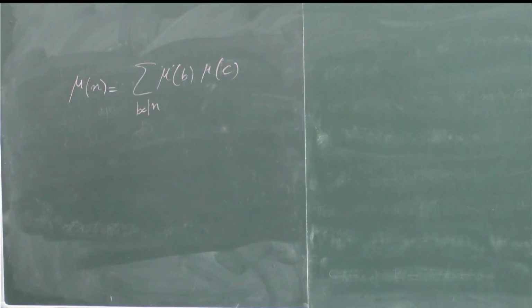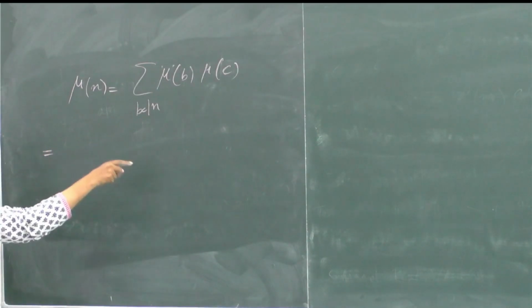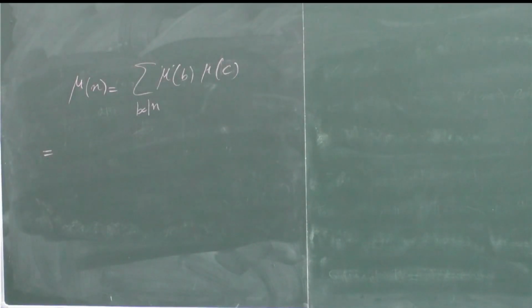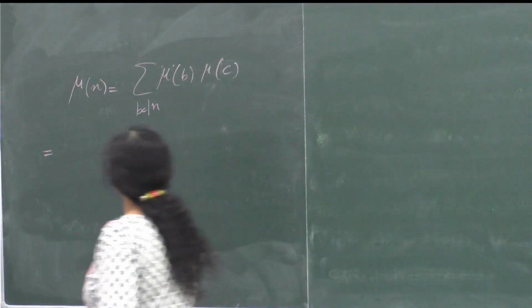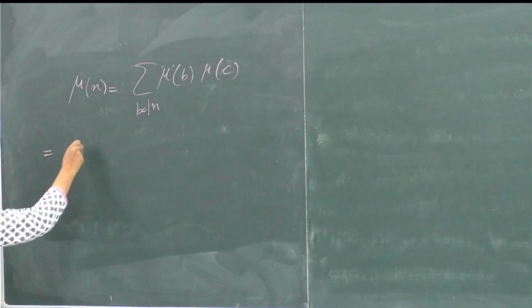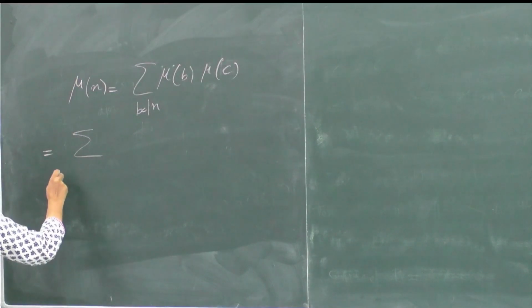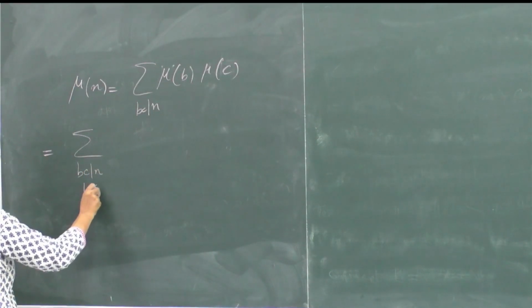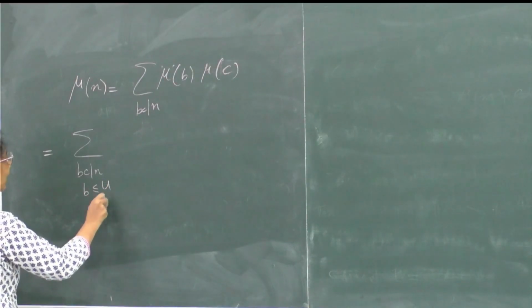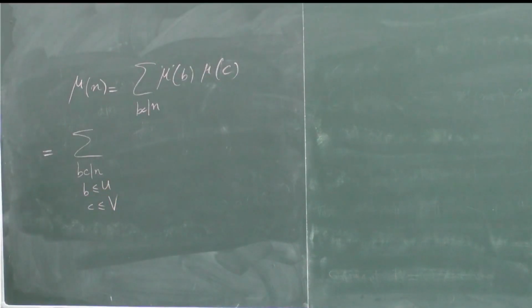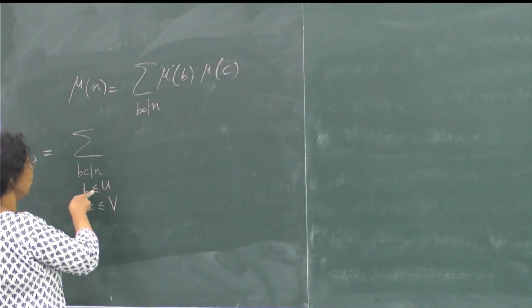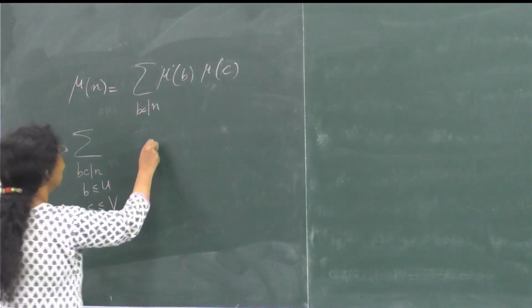Now, suppose I write this with the criteria that are being asked for. bc divides n, b less than or equal to u, c less than or equal to v. Then I change one of them and leave the other one.